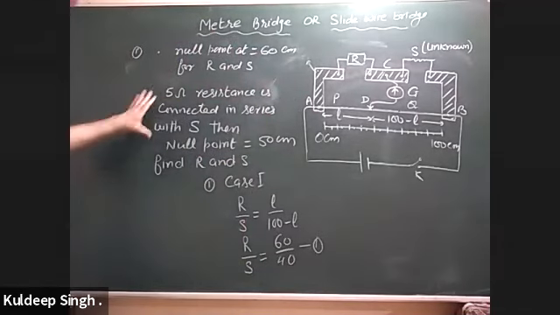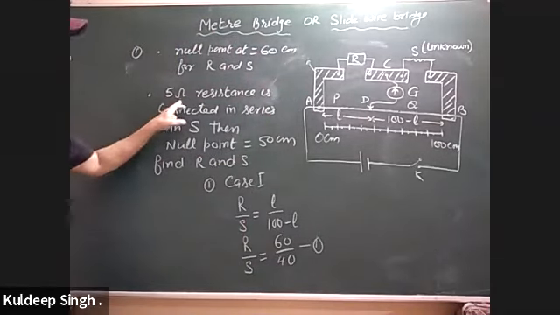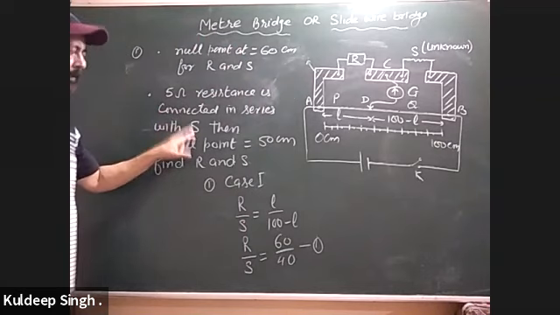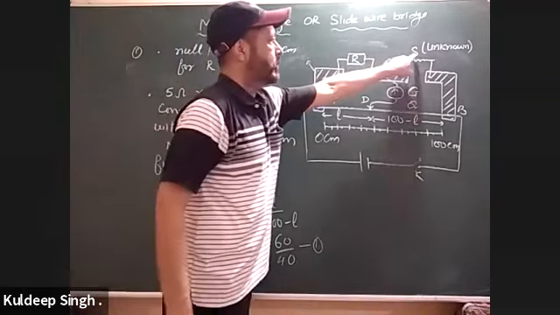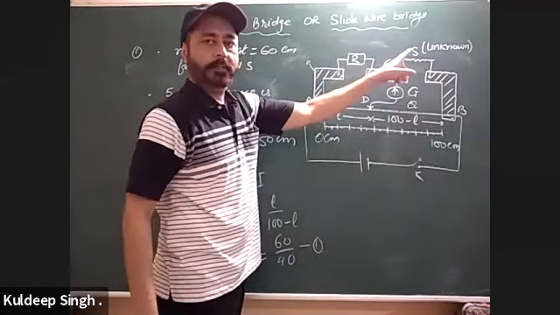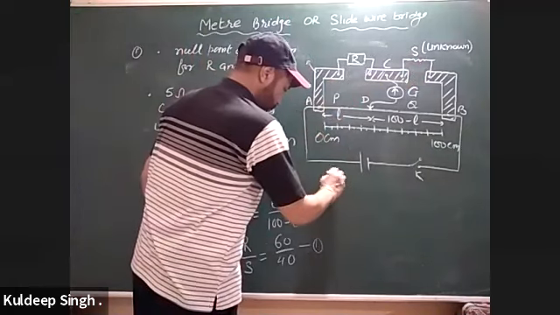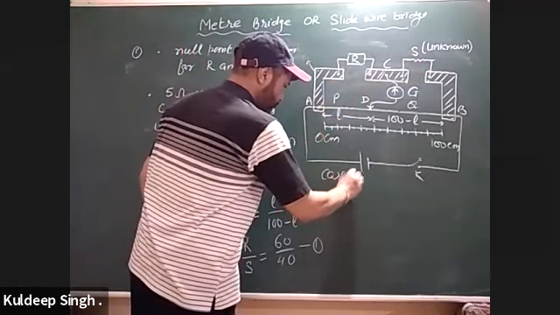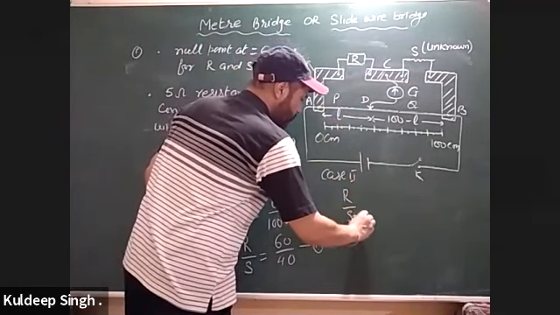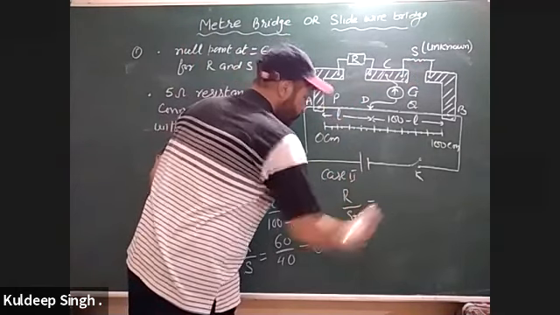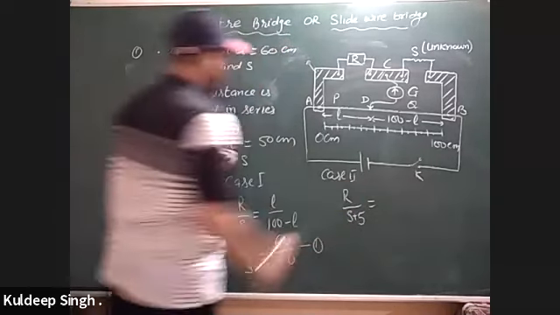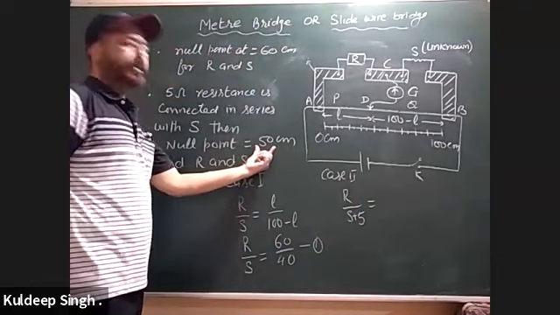Now come to the second case. When 5 ohm resistance is connected in series with S, in that case this resistance will become S plus 5. So I will write R upon S plus 5 equal to, this length is now 50 centimeter.